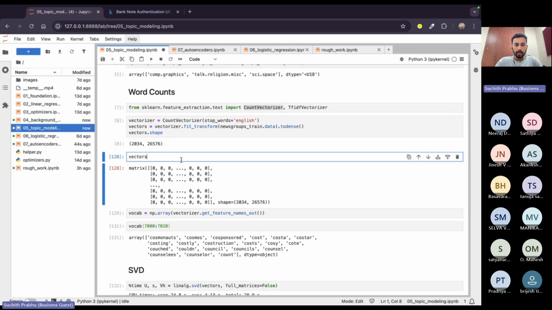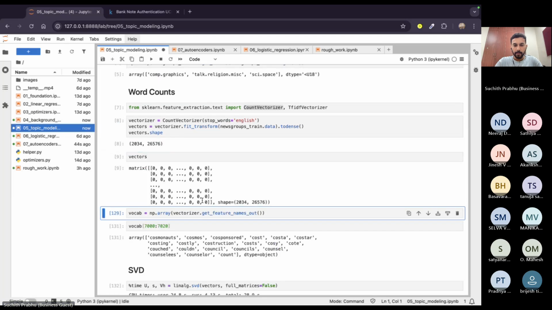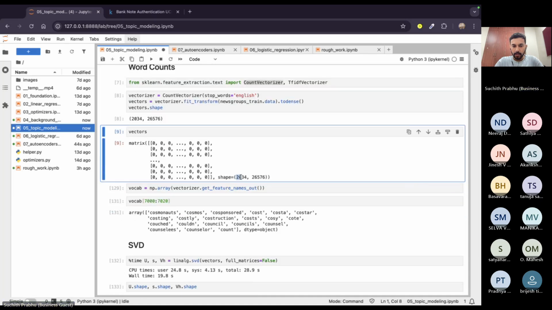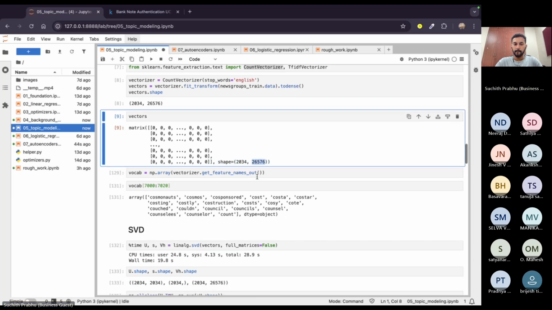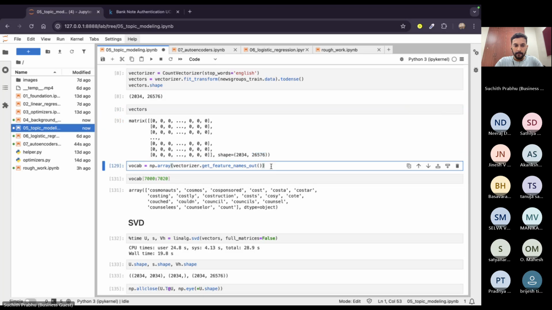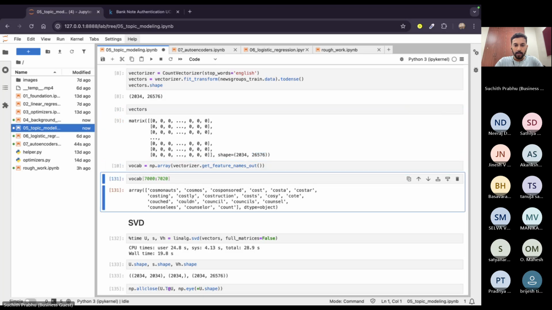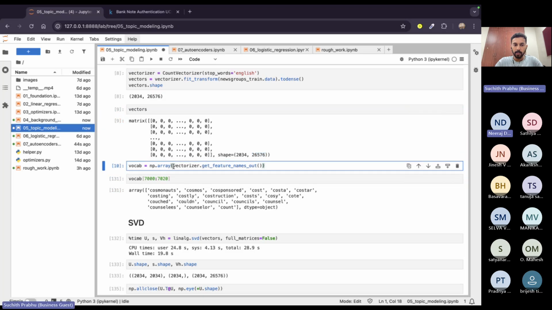So we have a matrix. There are 2034 documents present, and this is the number of unique words, which will be our vocabulary size. This is the matrix that we get.